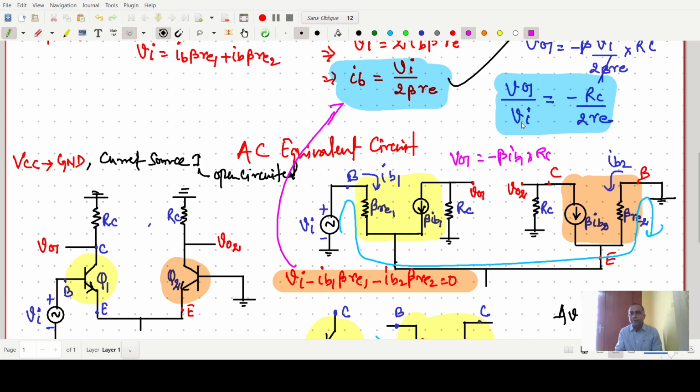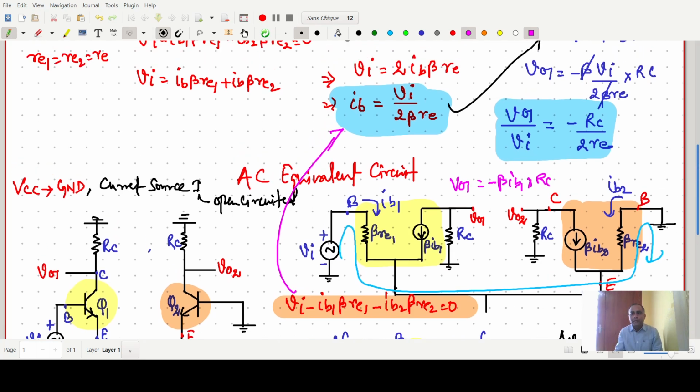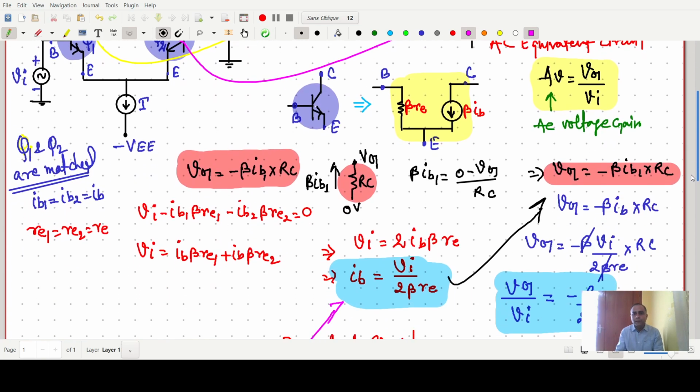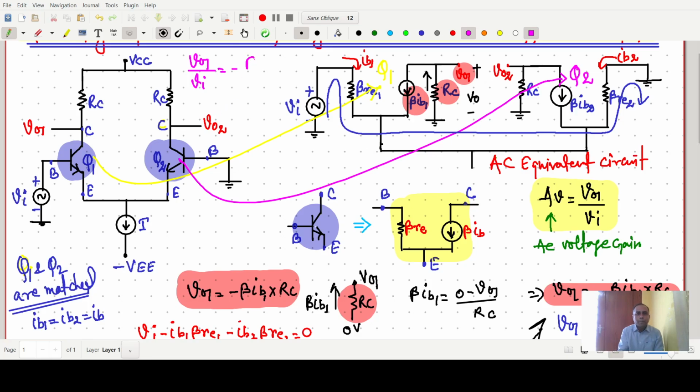So after solving, we get the gain V naught 1 upon VI, which is minus RC upon twice RE. So this is the final result.